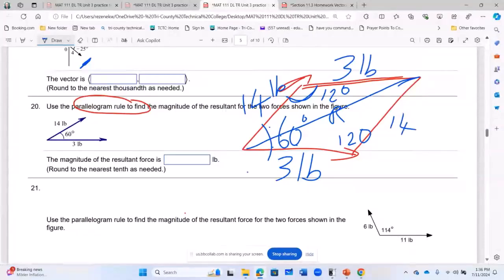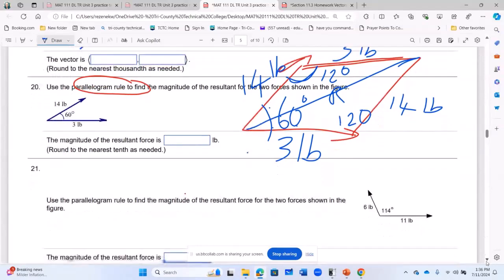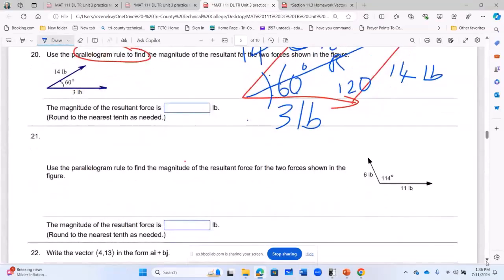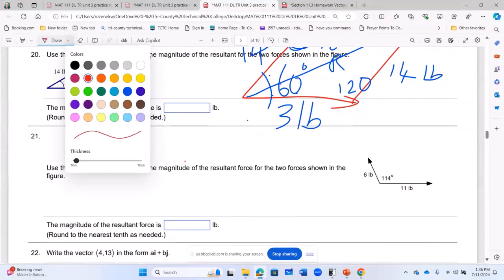So we have 2 congruent triangles. I'm going to bring one of the triangles out.